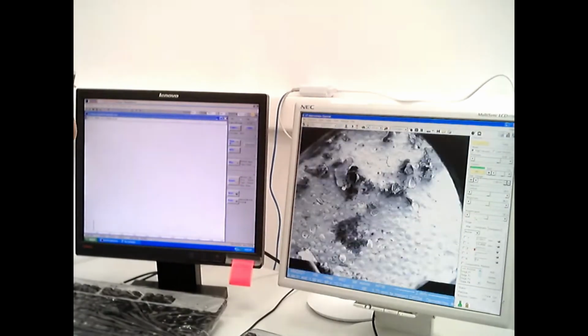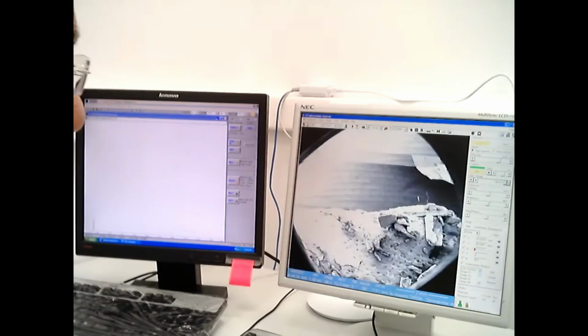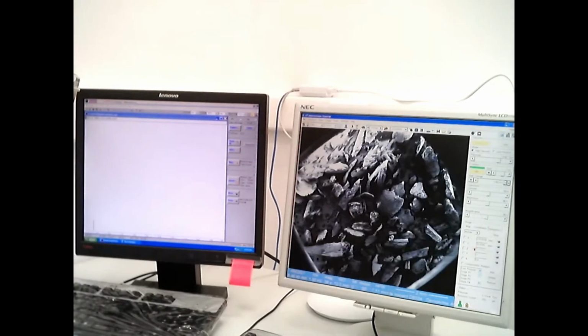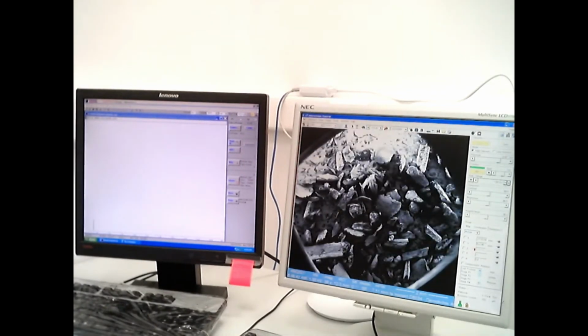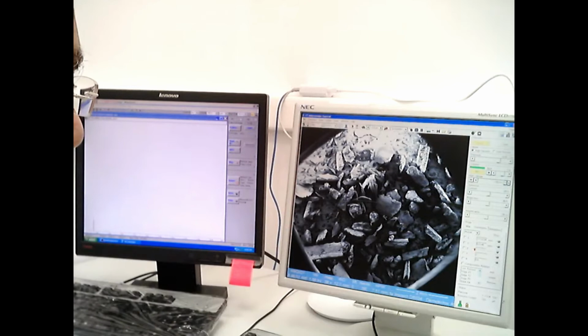Finally, I'll show you a fourth one, which is some evidence of soil. These are particles that could have come from a shoe, or from fingernails or things like that. Together with this wood, there are a lot of wood particles here. Let's say this one. These are wood particles.